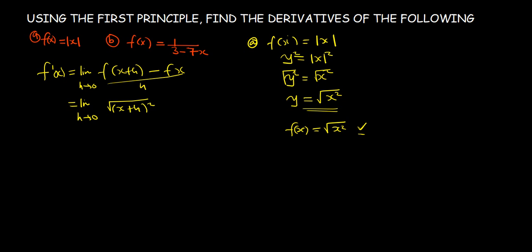Then minus the same thing, the root of x squared. Then the limit as h approaches 0. Here there was something like h, right? So we are doing this. Then what you are going to do is, let me just write it properly.